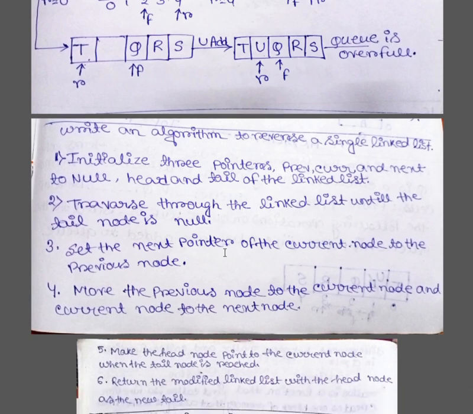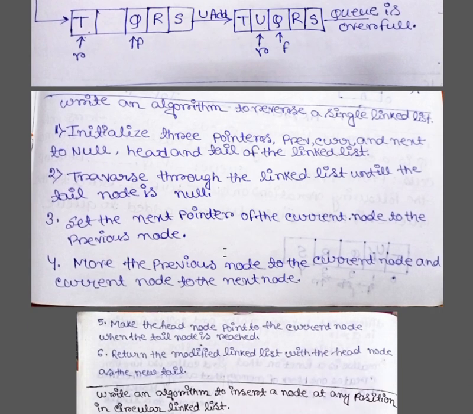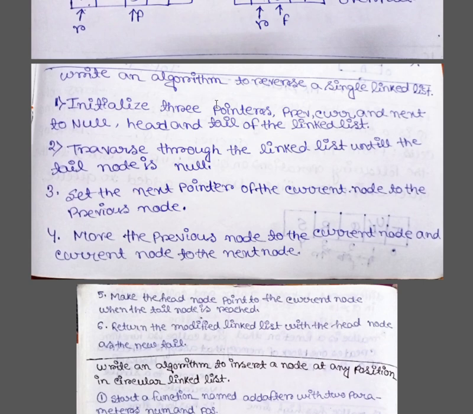Often a theory type question comes like this: write an algorithm to reverse a single linked list. We will be studying linked lists in more detail in our next upcoming videos. Stay tuned for that. But for last minute study purposes, this note is very important.